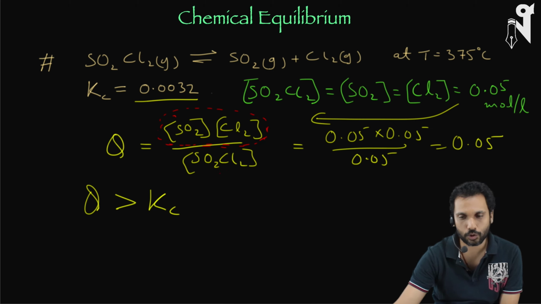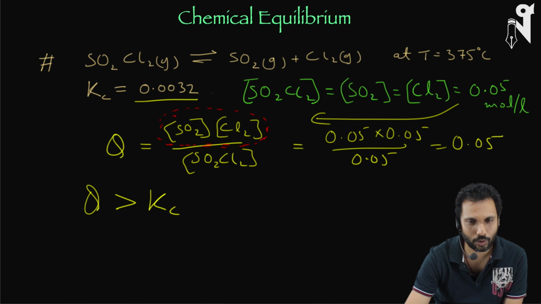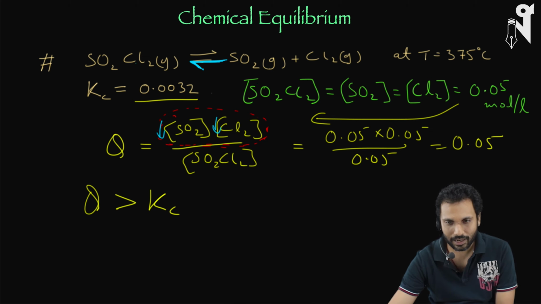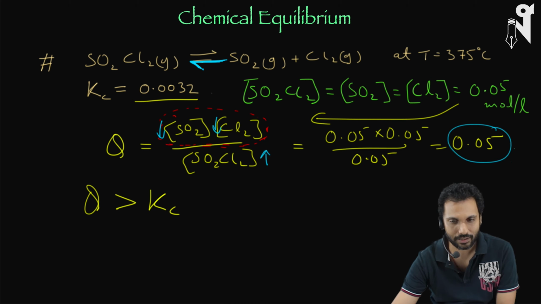So the reaction is going to go backwards more, such that these values reduce and that value increases, such that your 0.05 reduces and reaches 0.032.